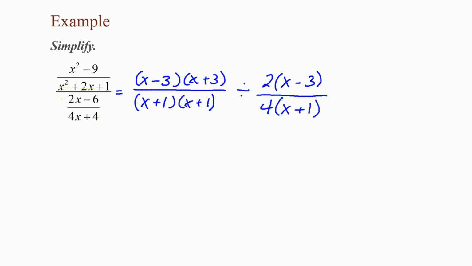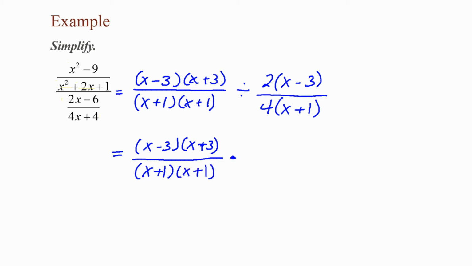Now I'm ready to flip and multiply. So I have x minus 3 times x plus 3 divided by x plus 1 times x plus 1, times 4 times x plus 1 over 2 times x minus 3.